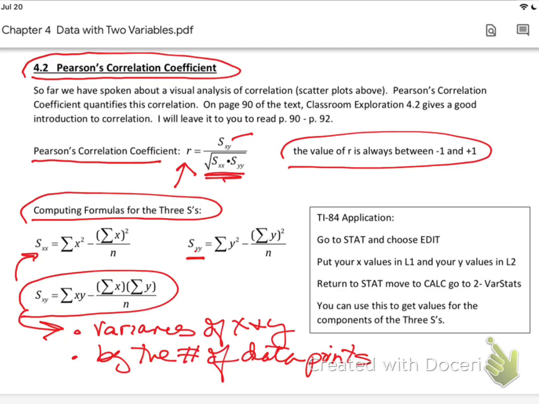Other things about this value R. First off, dividing this way minimizes the impact of the variances of X and Y and of the number of data points. This value of R is not affected by changing units. Whether you change your units from feet to inches, that does not impact it.